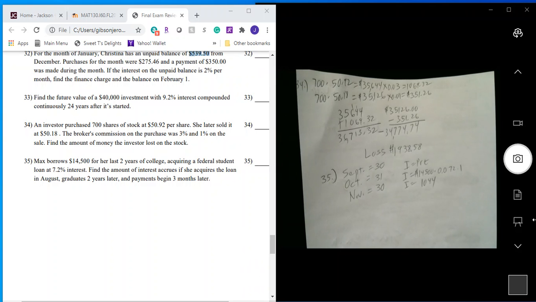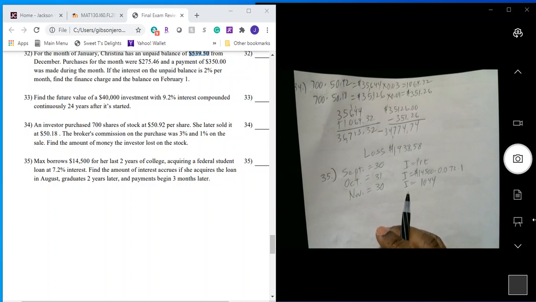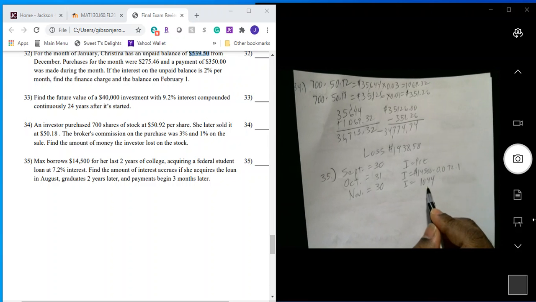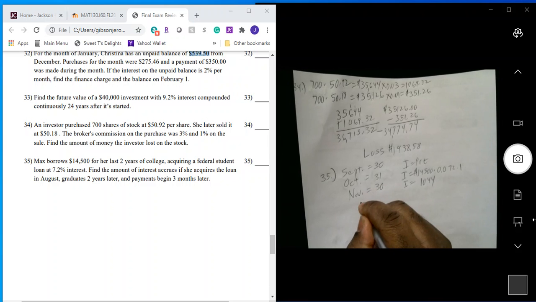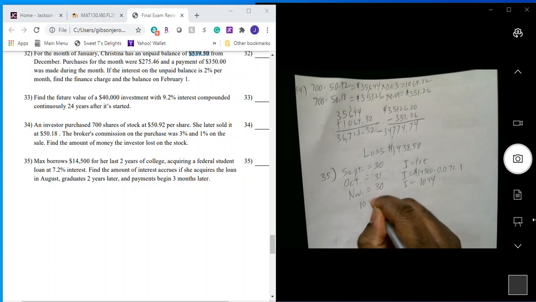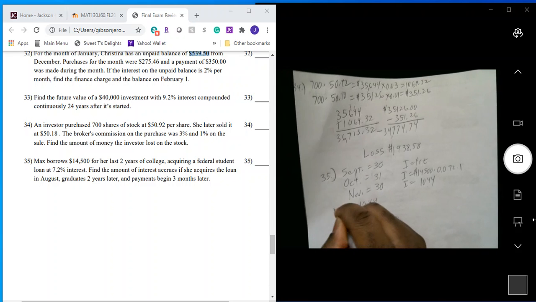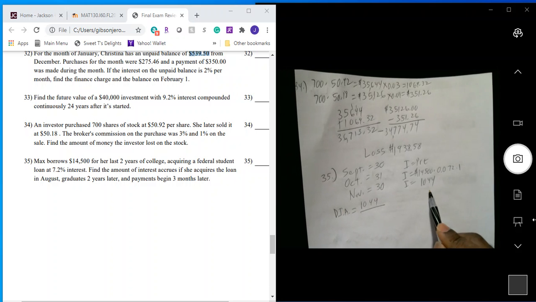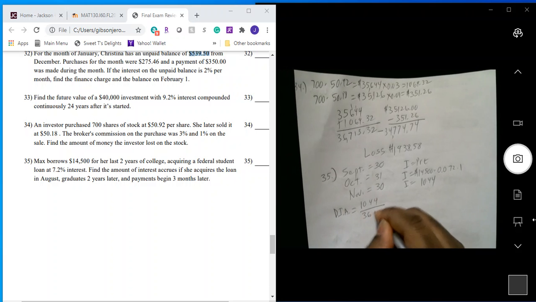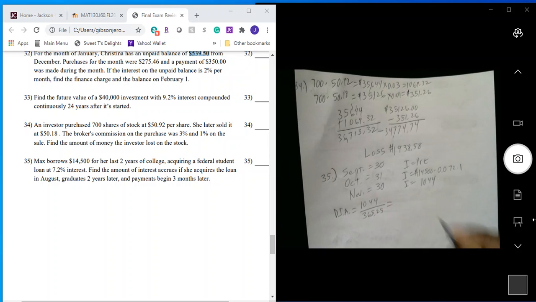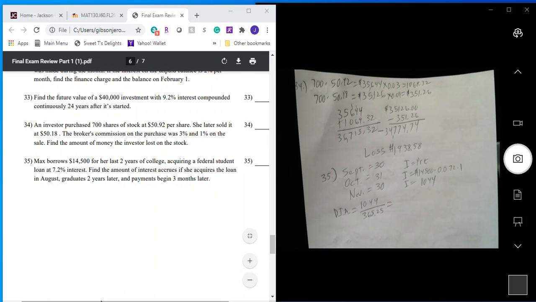Now, to find our daily interest amount, DIA, it would be 1,044 divided by 365.25.